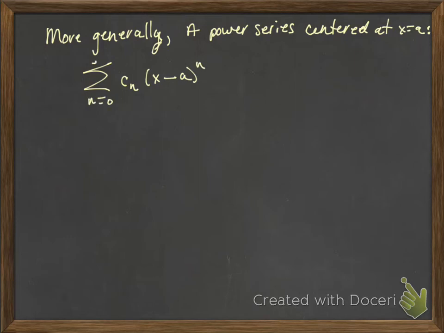So when you expand that, it's c sub 0 plus c1 times x minus a plus c2 times x minus a squared. So it looks just like before, except instead of x to the power, it's a shift of x. And all your x's are shifted by the same factor of a. Okay?